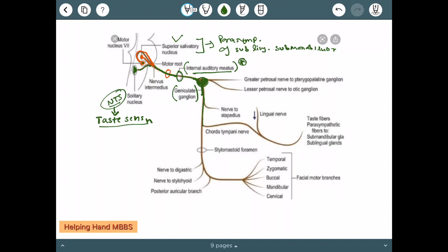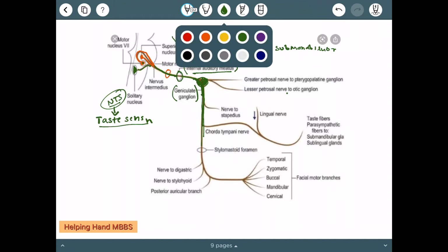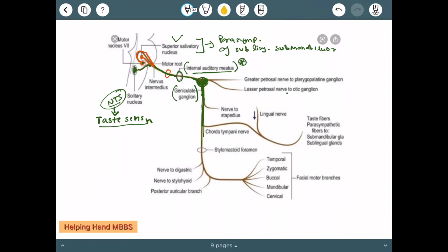So here you need to know that it enters the internal acoustic meatus, forms geniculate ganglion, and enters and runs in the posterior wall of middle ear. In the posterior wall of middle ear, as you can see, this hole is in the posterior wall of middle ear. It gives three branches. We will see these three branches. You can see here that greater petrosal nerve is the first branch.